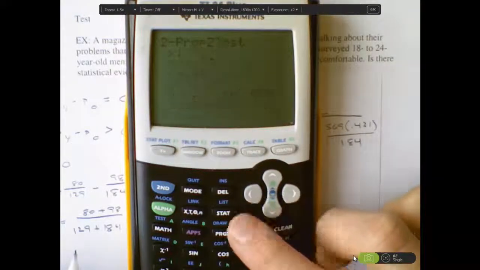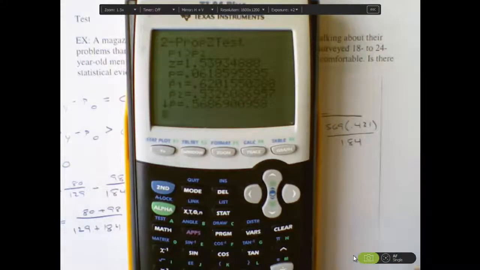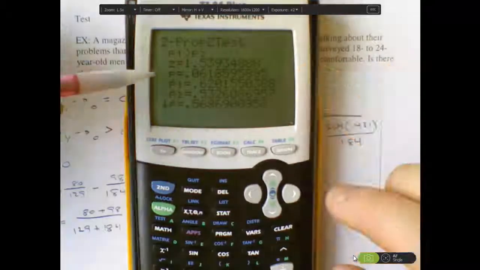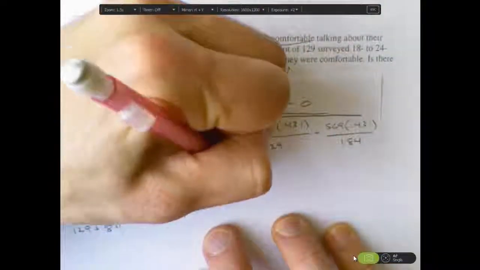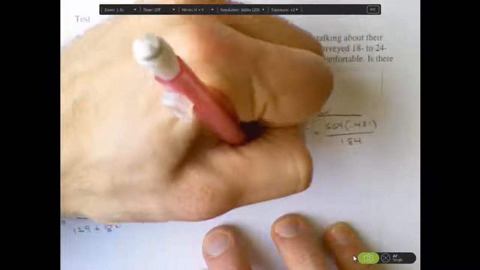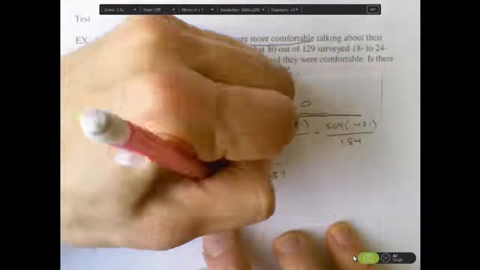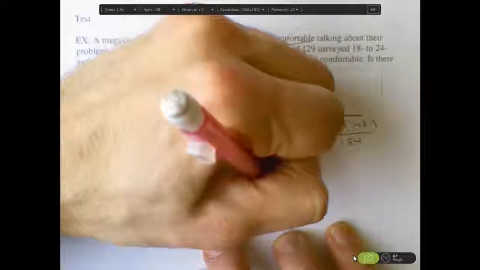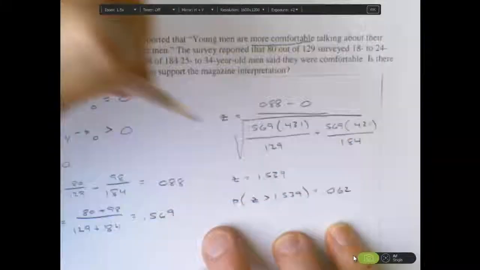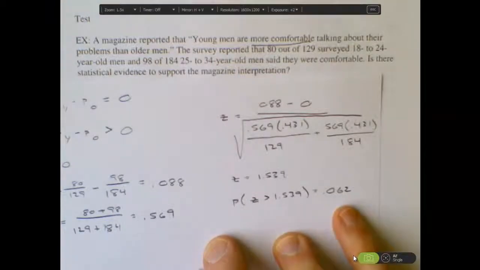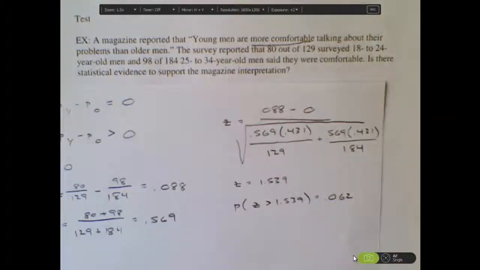And calculate. So I have a z-score of 1.54 and a p-value of 0.061 or 0.062. 1.539. And the probability z is greater than that is 0.062. So at a 5% level of significance, I'm going to fail to reject and there's weak evidence.